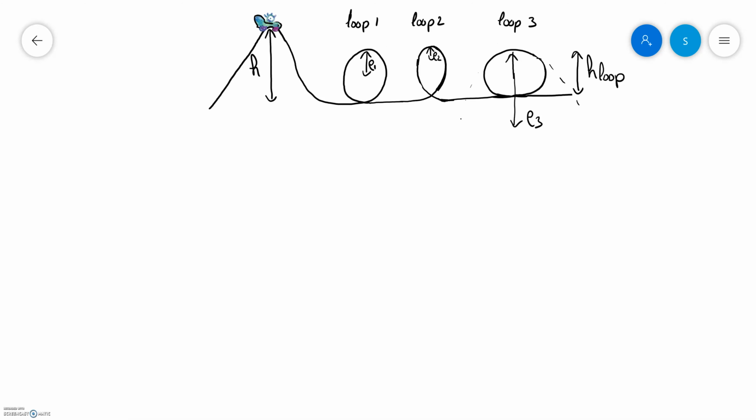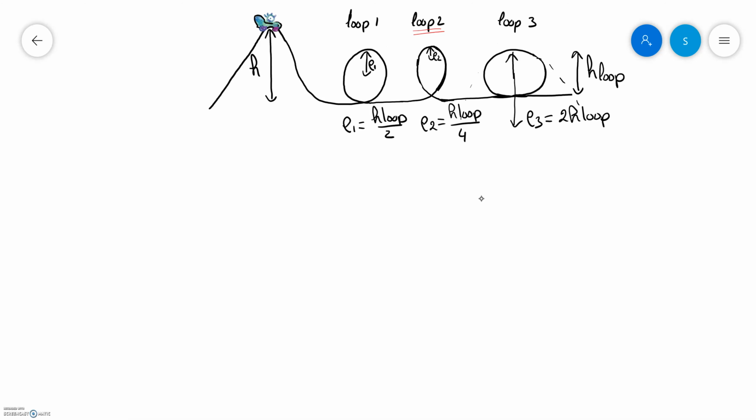Okay, so in my example, rho 1 equals the height of the loop divided by 2, rho 2 is equal to the height of the loop divided by 4, and rho 3 equals 2 times the height of the loop. And if you have seen some roller coasters, you know that the loop that we see the most often is this one, and I will explain to you why.